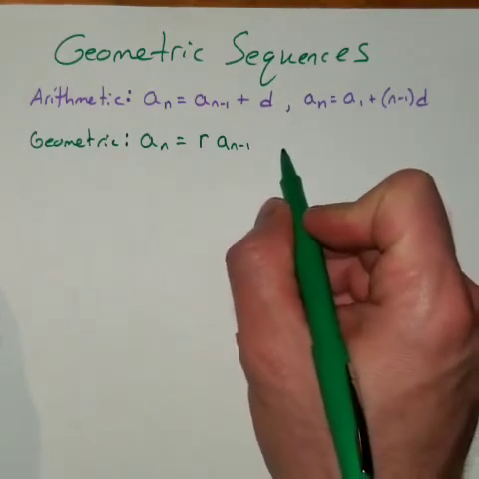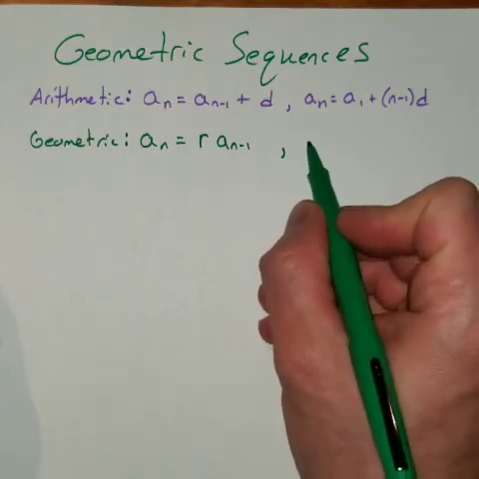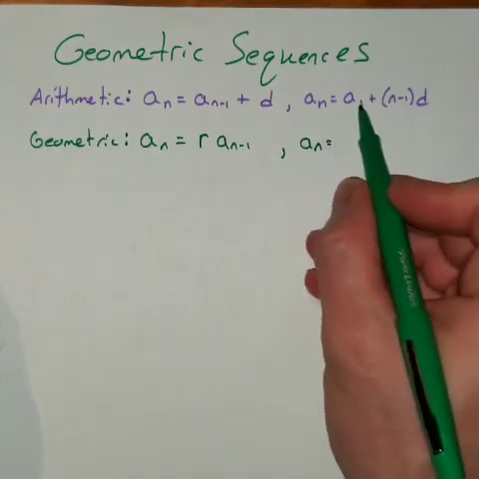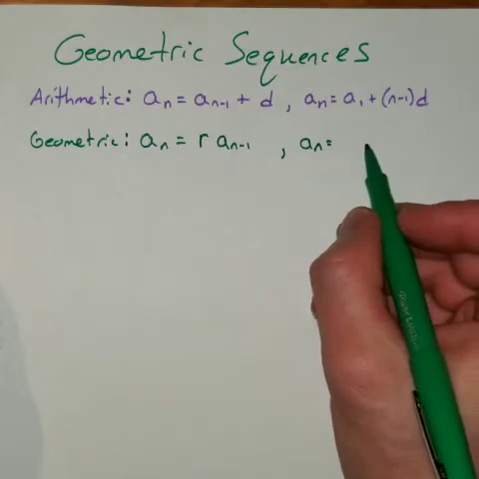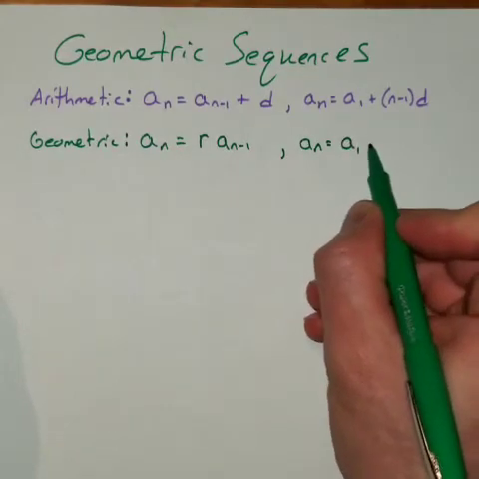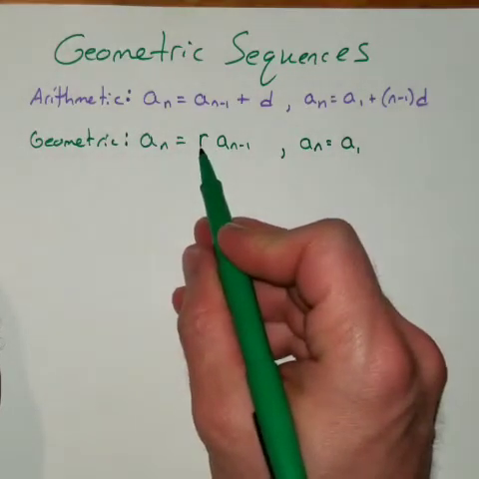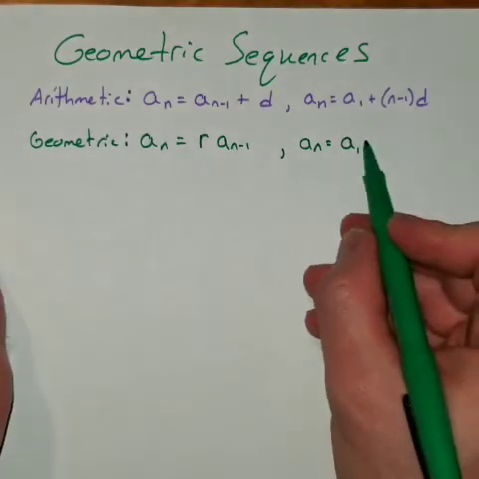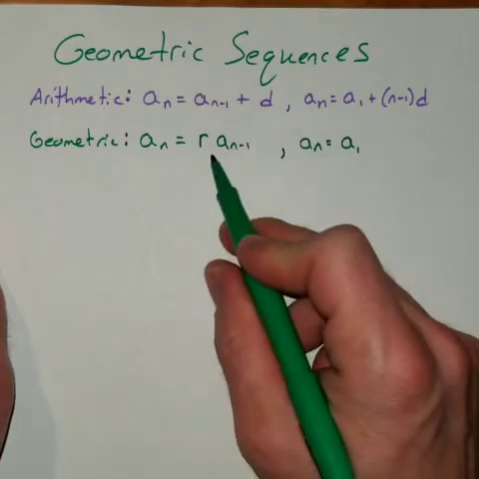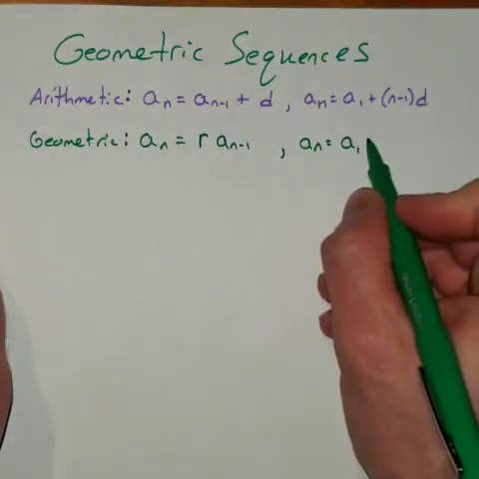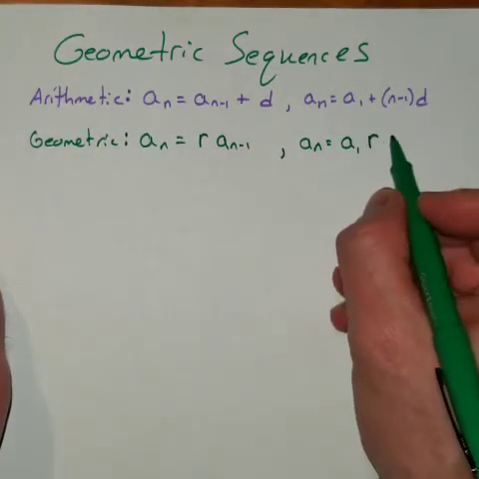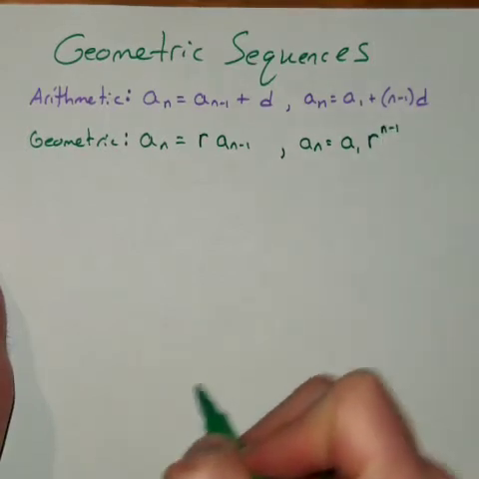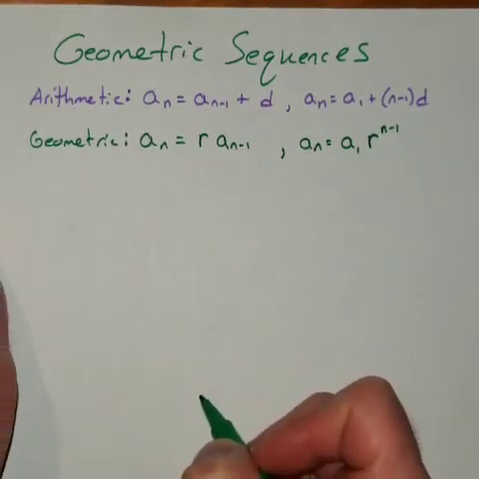And so another way to write this would be to say a sub n is the initial term, a sub 1, multiplied by n minus 1 r's. Well, if you multiply by r times r times r, n minus 1 times, it's an exponent. It's r raised to the n minus 1 power.